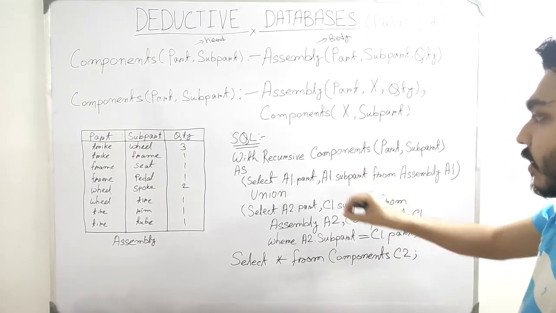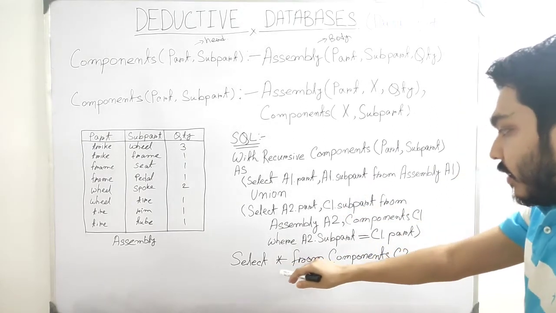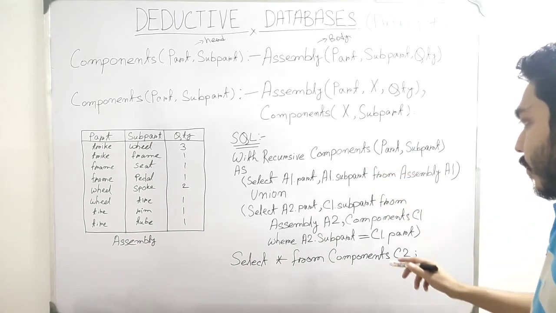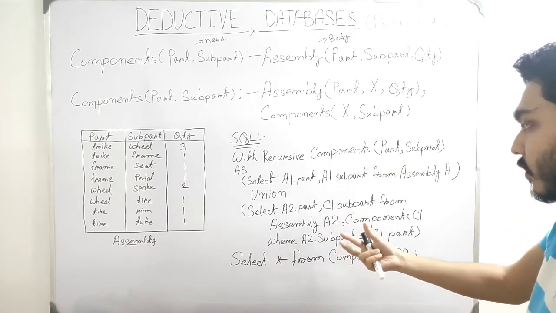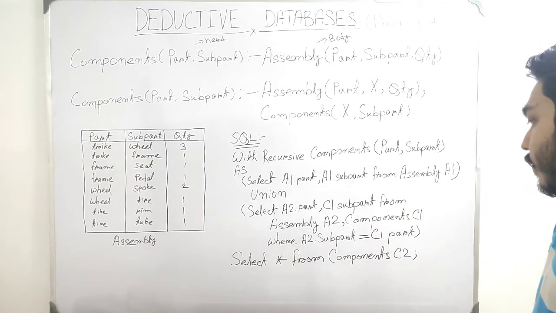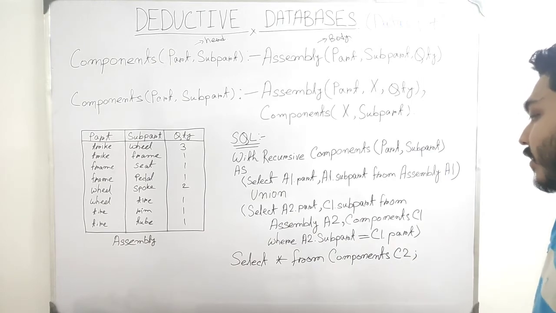When we have the result set, we write a simple SQL select star from component, because component will be our final result, since all the result set it produces is stored in the component dataset. You can use c2 or c3 or any alias name.